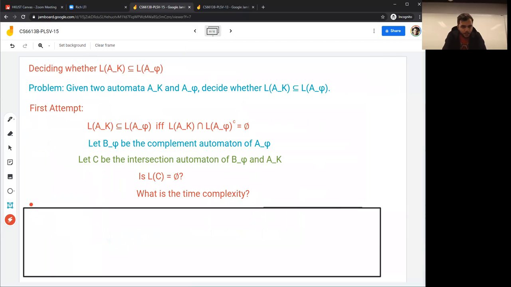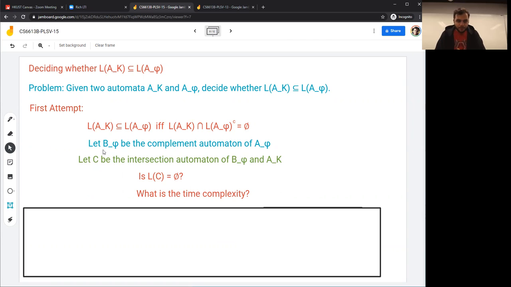So let's come back to our overall view of how things are. This was the main problem that we wanted to solve. We wanted to see whether the language of AK is a subset of the language of A phi. And we did all these steps. Now I want to see what the overall time complexity is.